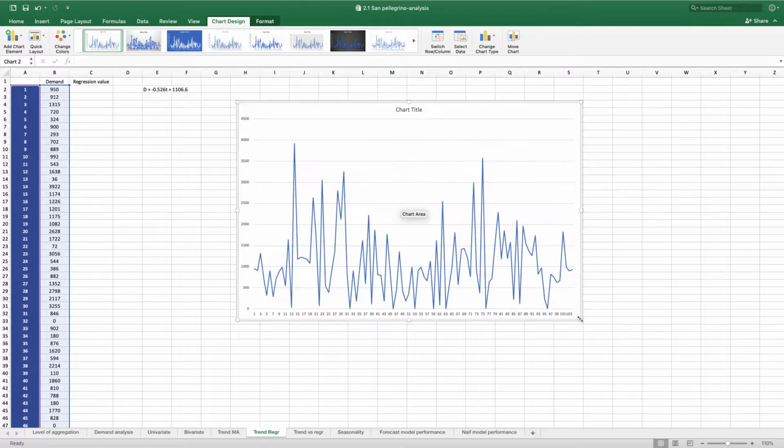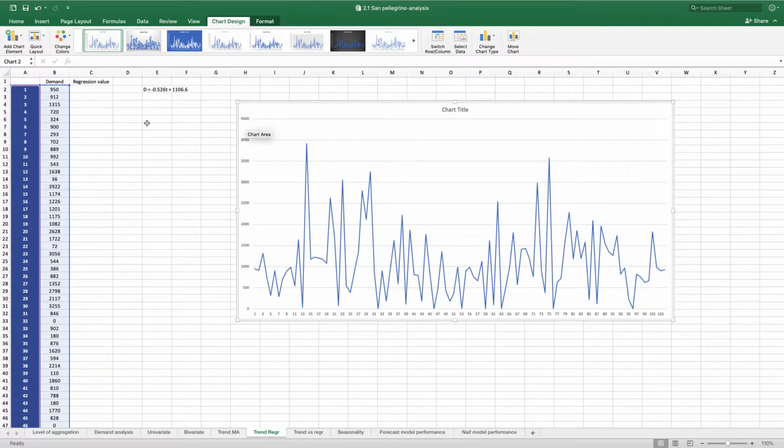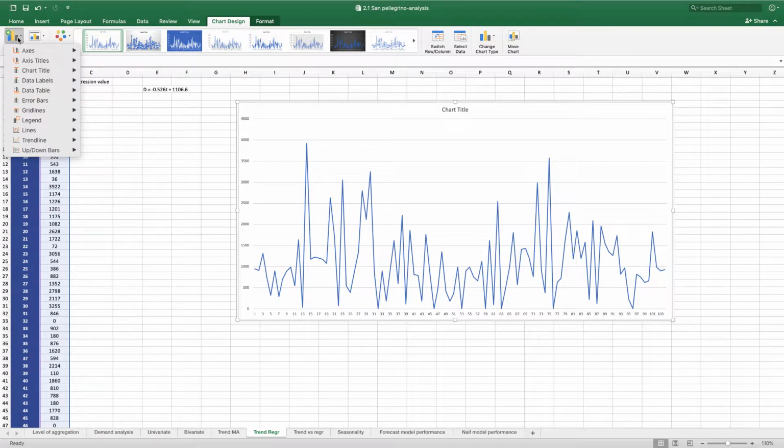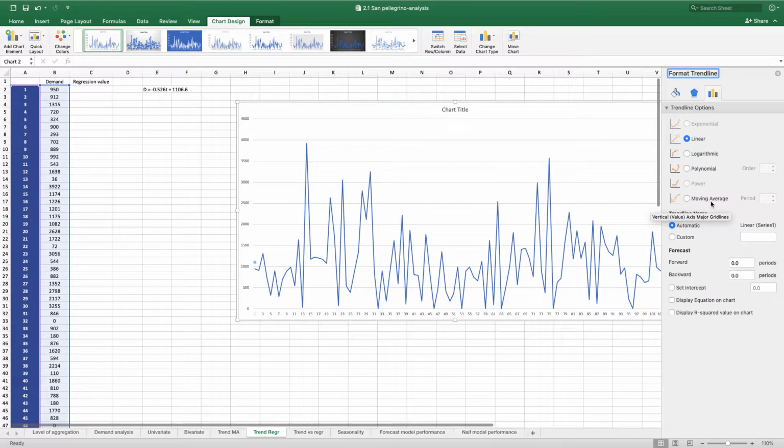So you plot your data, then add the chart element, trend line, more trend line options, display a linear trend, display equation on chart.